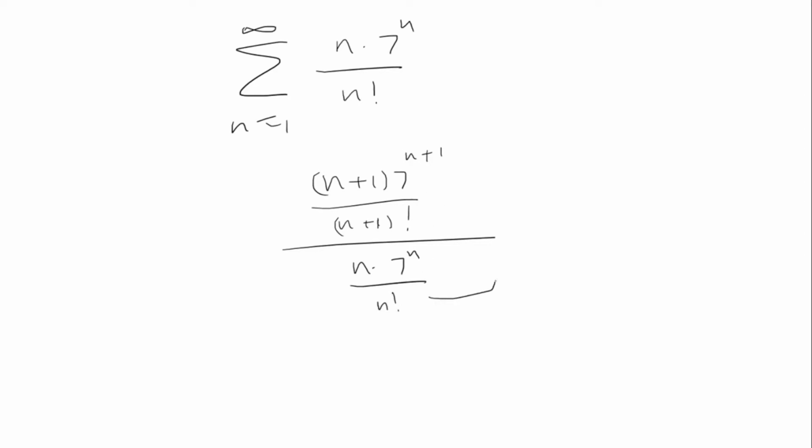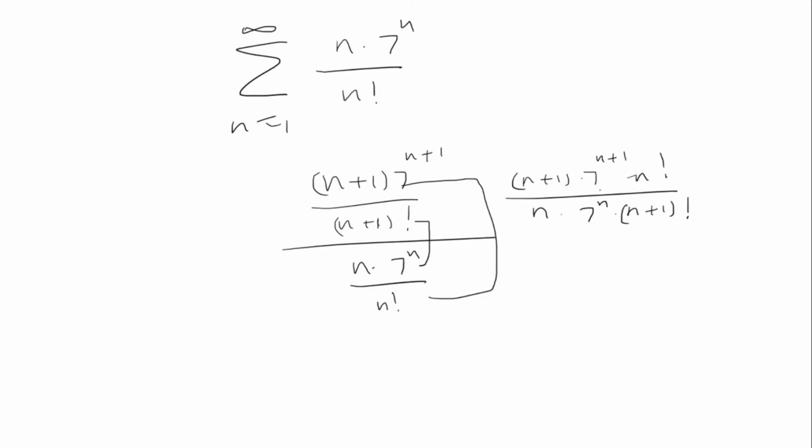We know that we're going to multiply the top and the bottom, so that will just be n plus 1 times 7 to the n plus 1 times n factorial. And then we're going to divide that by multiplying these two. And we want to make sure we go in order. So n plus 1 will put n first, and then 7 to the n, and then finally we'll leave the factorial, so the n plus 1 factorial.